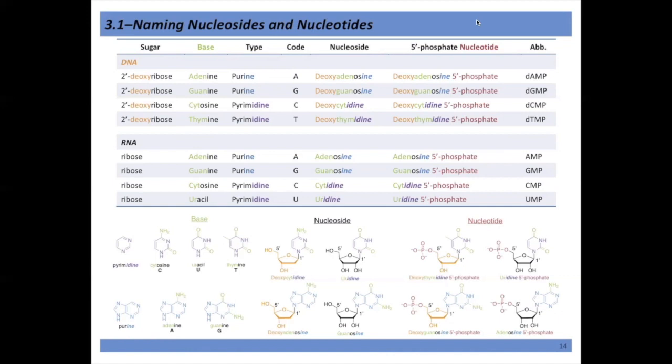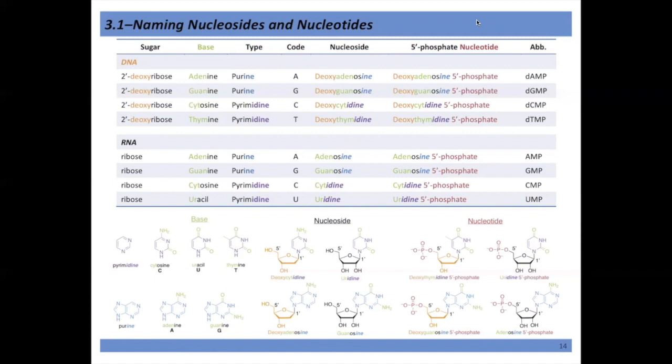I've tried to color code. Again, what we've got is the pyrimidine base in purple, the purine base in blue. In the name, the purple part comes from the base, or the blue part comes from the base. The green part comes from the arrangement of the groups off of the heterocyclic base. So adenine comes because we have that.